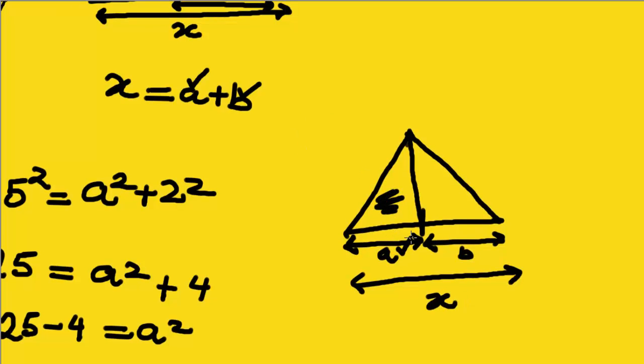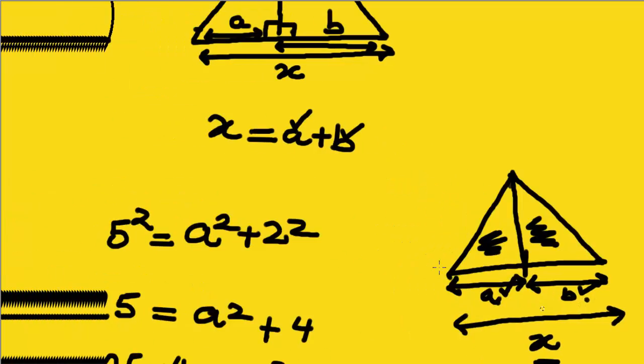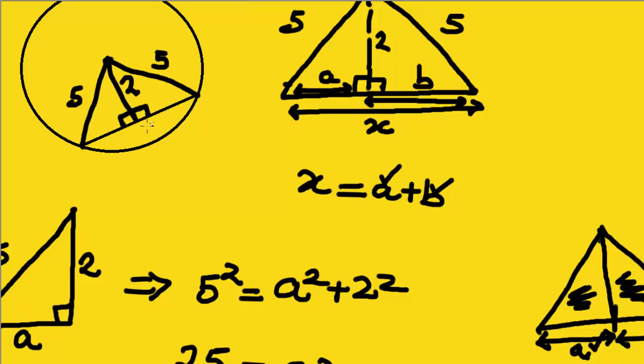Using Pythagoras' theorem, I got what A was. I worked on this triangle next. Using Pythagoras' theorem, I got what B was. And as I know, X is A plus B, and I got what X is. And if you recall from the circle, the chord is this length, which I called X, which I drew here. So this triangle is this. I just drew it out separately because I didn't need the circle anymore.